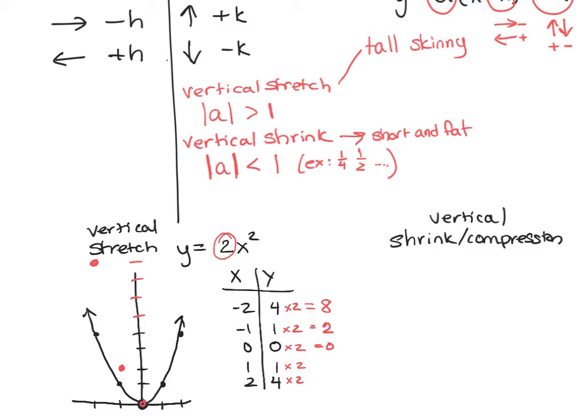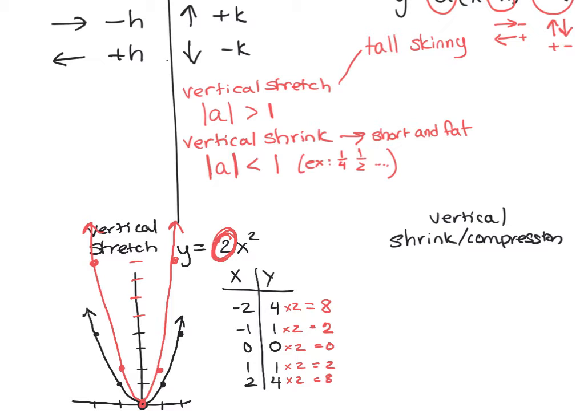Double of 0 is still 0. Then (1, 2) and (2, 8). Do you see how my graph looks tall and skinny now? That's because of that A value in the front. The absolute value of 2 was greater than 1.